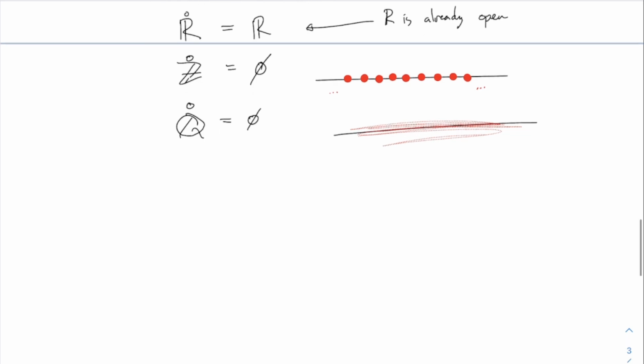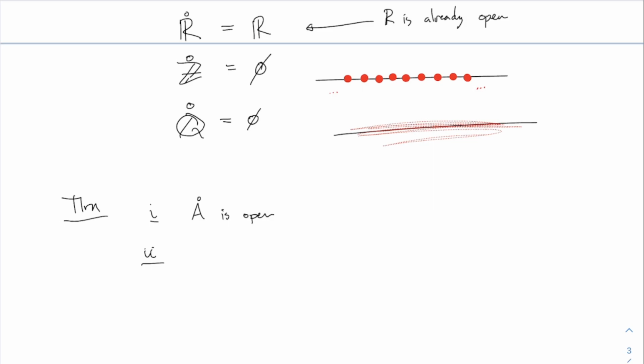And so here is a theorem about the interior, just like the closure, the smallest set closure theorem. This one, I'm going to say, first of all, A interior is open. When you take the interior, you always end up with an open set. And secondly, it is the biggest open set.